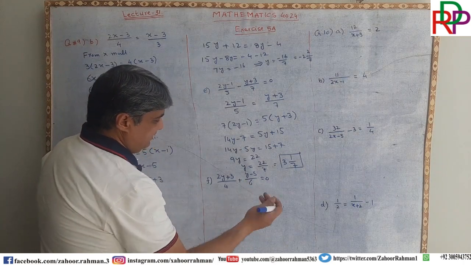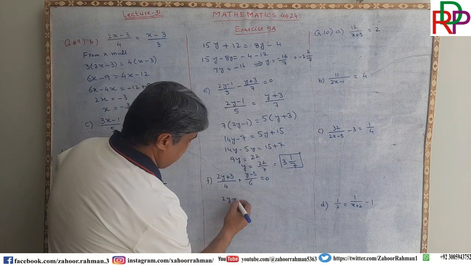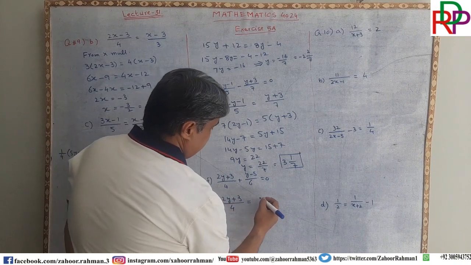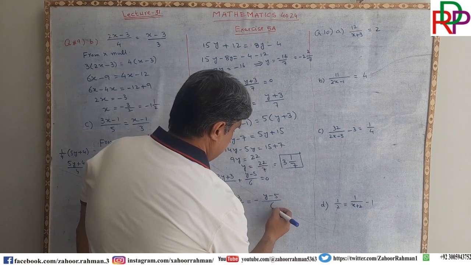Now again we can do that by 2y plus 3 divided by 4 minus y minus 5 divided by 6.